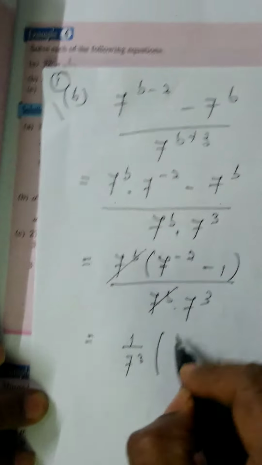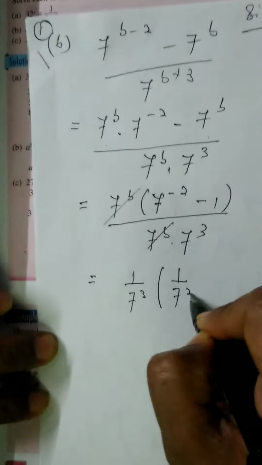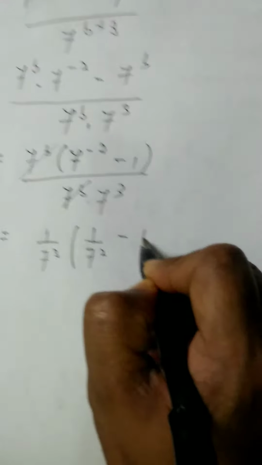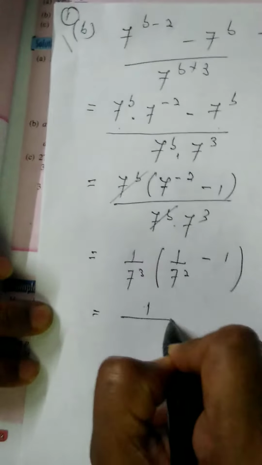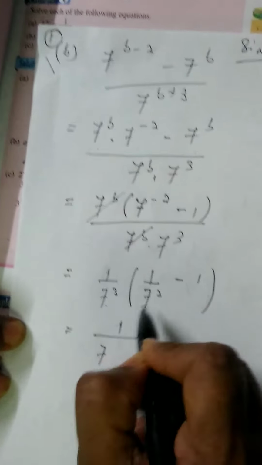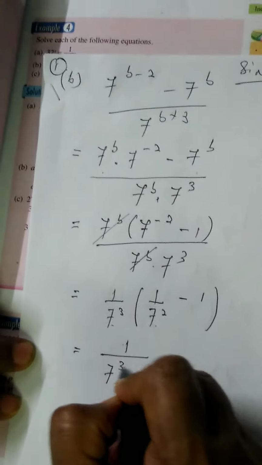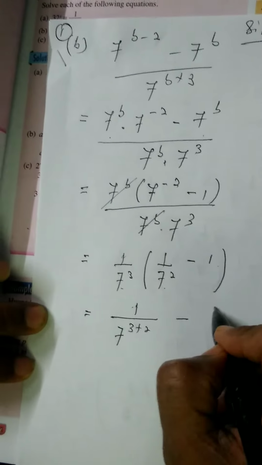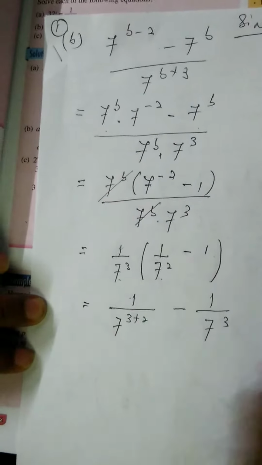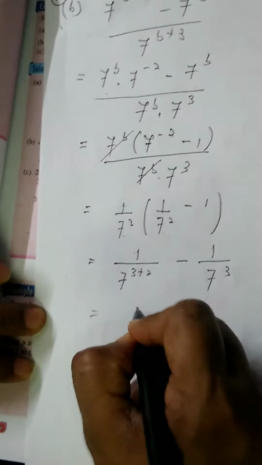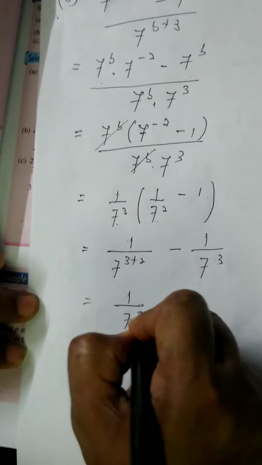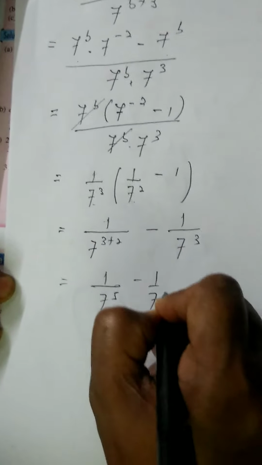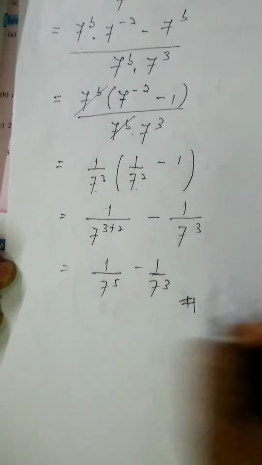So this one becomes 1 over 7 squared. And this is 1. So we open up the bracket. So this is actually 1 over 7 to the power of 3 plus 2, minus 1 over 7 to the power of 3. So what we'll actually get is 1 over 7 to the power of 5 minus 1 over 7 to the power of 3. So this is how we simplify it.